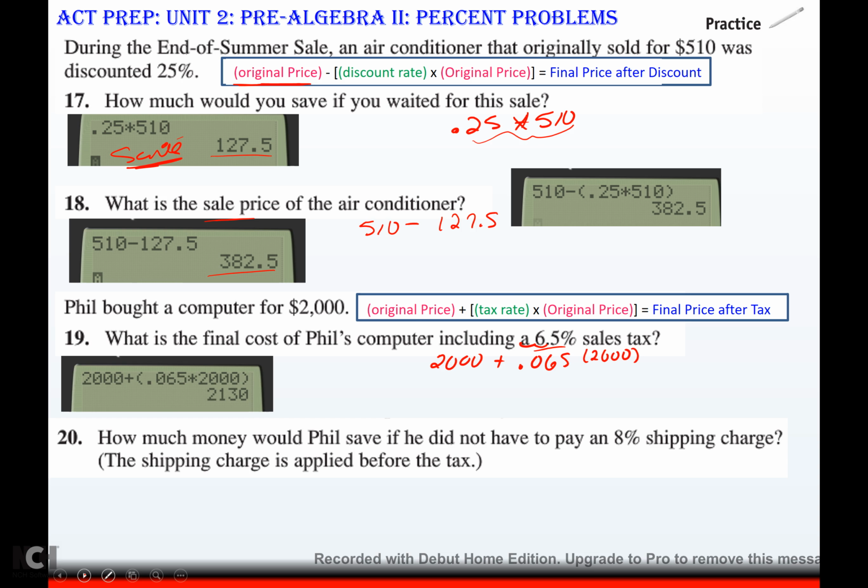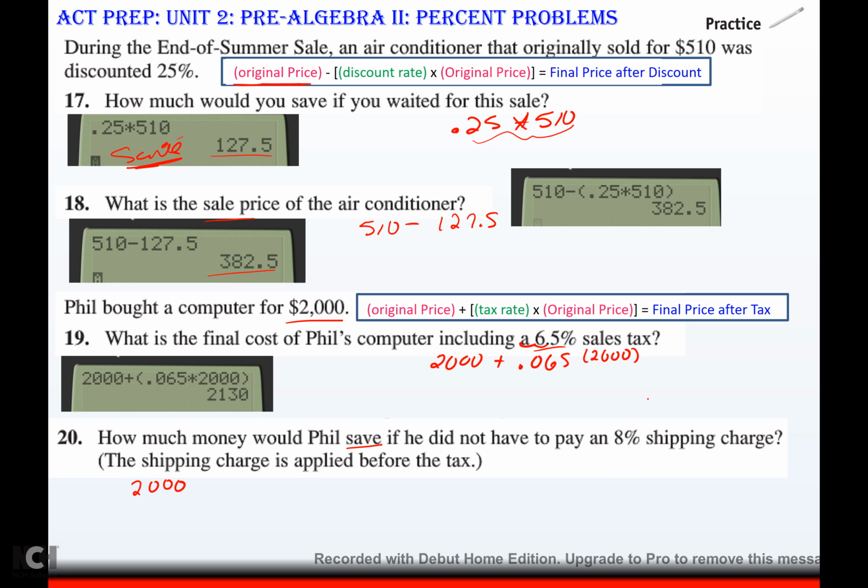20 says, how much money would Phil save if he did not have to pay an 8% shipping charge? It says the shipping charge is applied before the tax. So before the tax, it was $2,000. Oh, they just want to know what he will save, not what the final price is.